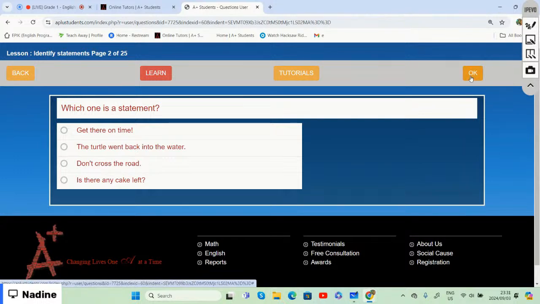We said that we need to look for a statement, and a statement is just where you're telling someone something. If we were to choose a statement, we would say, the turtle went back into the water.